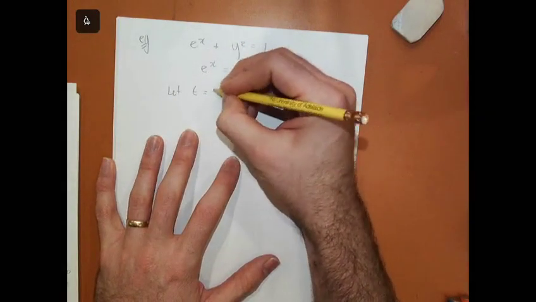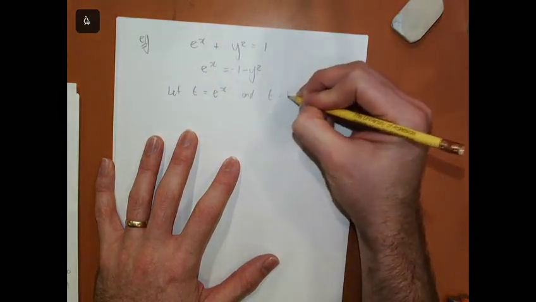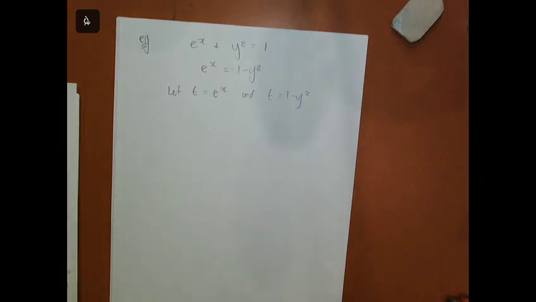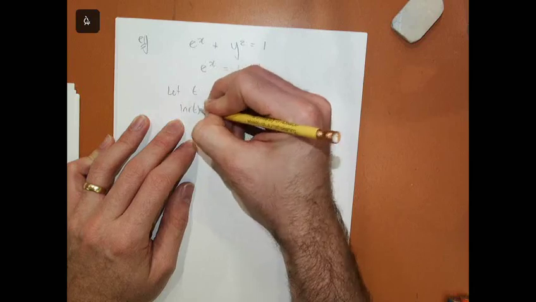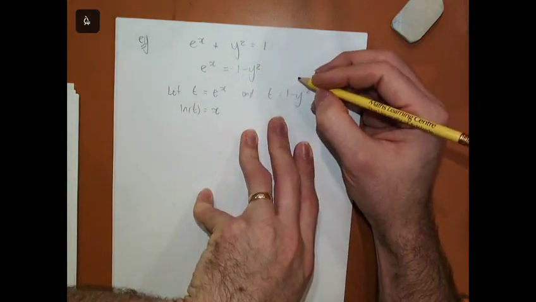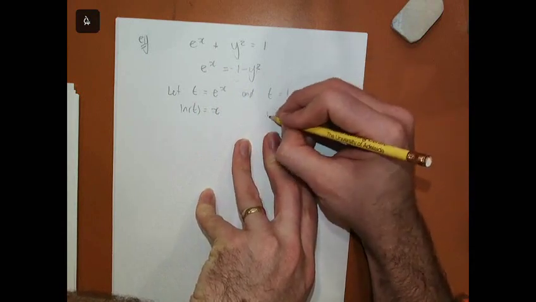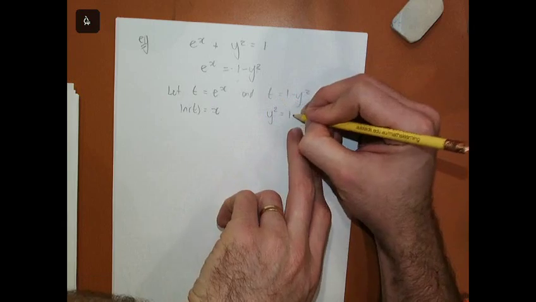Let t be equal to e to the x, and t is simultaneously equal to 1 minus y squared, and we can rearrange it to get a value for x, figure out what x is in terms of t. So if we did ln on both sides, we'd get ln t equals x, and we add y squared to both sides to get it over here, and subtract t from both of these.